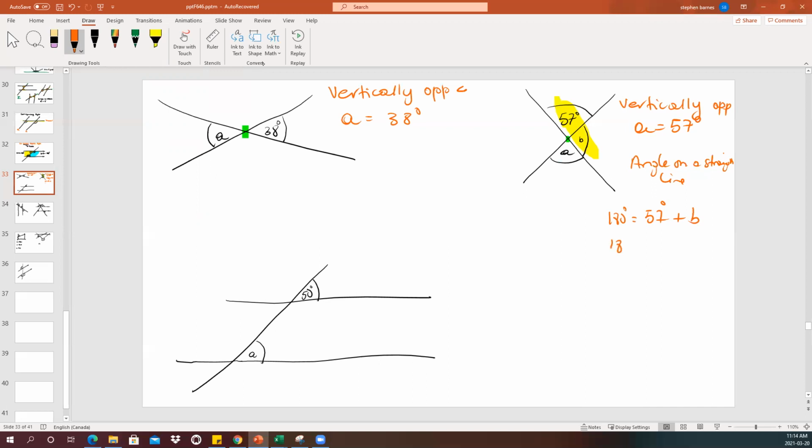Then 180 minus 57 equals B. What does that leave us? 123 degrees equals B.